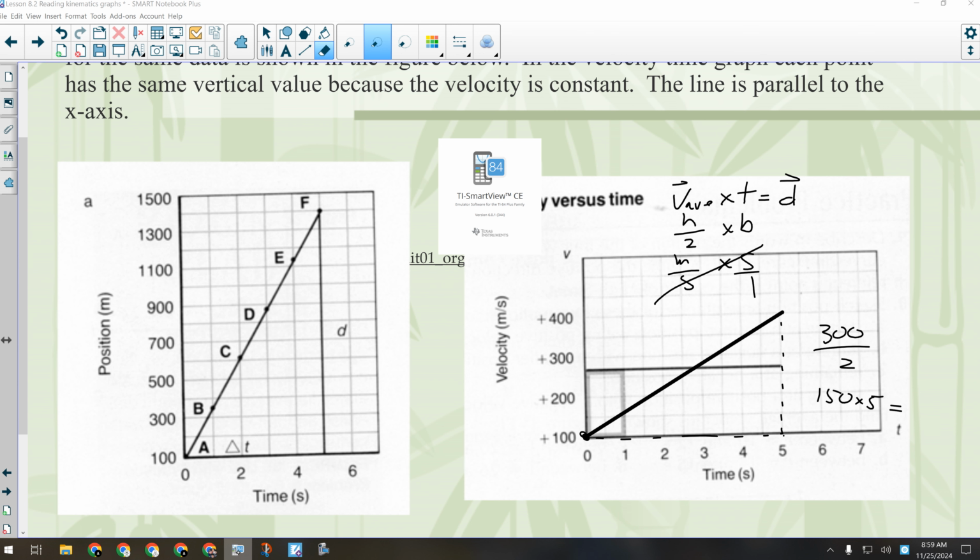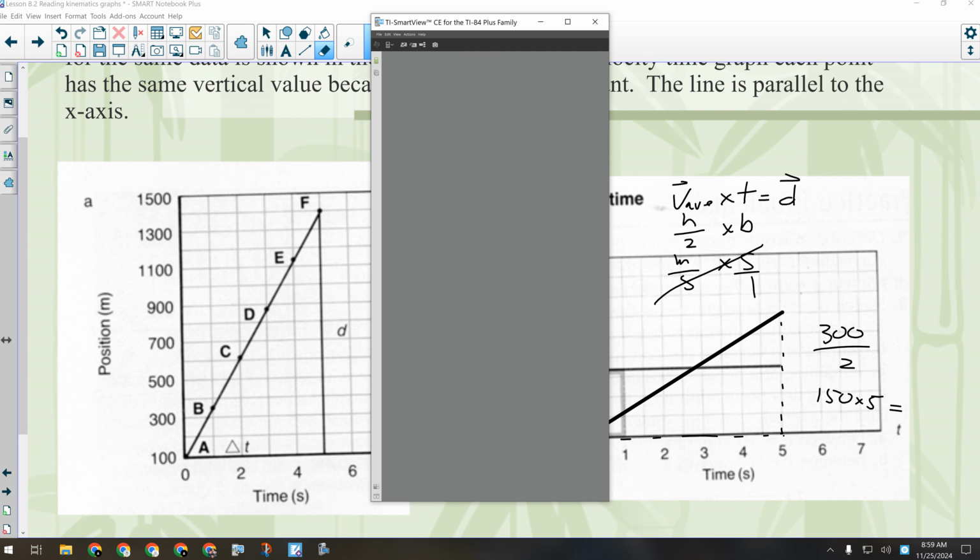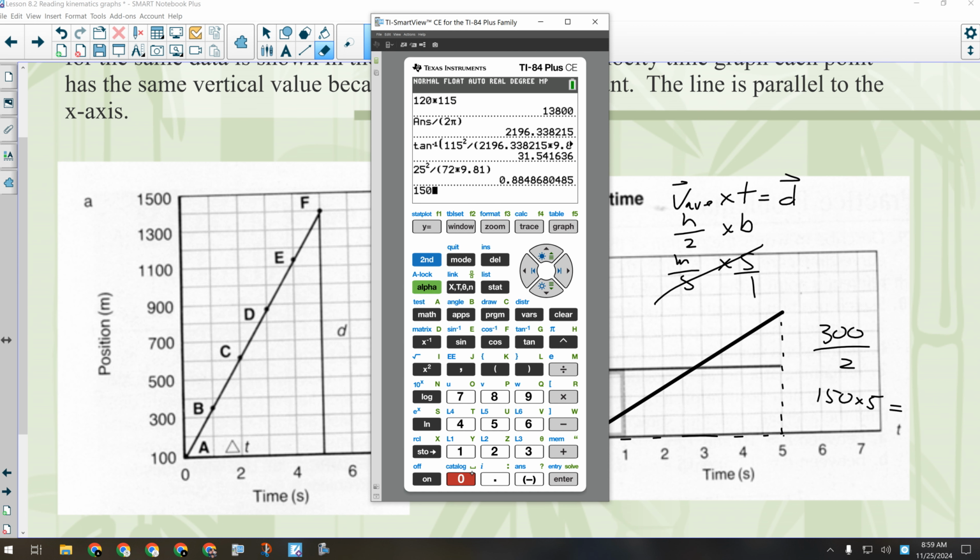All right, mental math was okay today. Okay, so that object is going to travel 750 meters while accelerating from 100 meters per second to 400 meters per second. Okay, everybody all right with that?